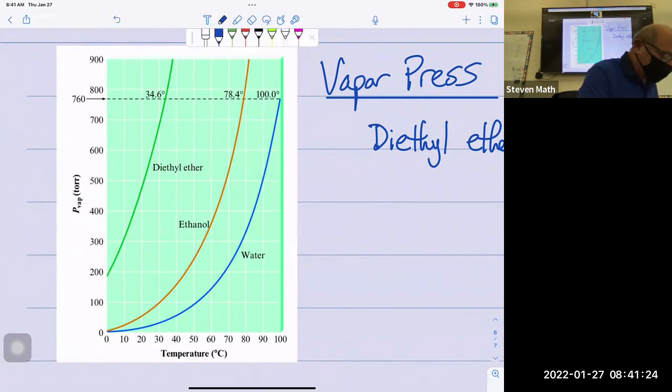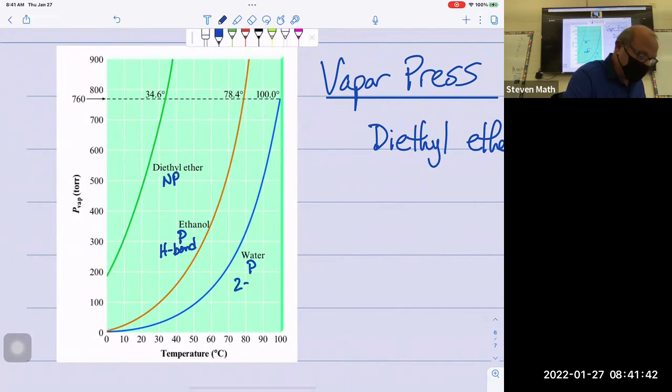What we're looking for is diethyl ether is going to be relatively nonpolar. Ethanol is not only polar, but it's got 1 hydrogen bond. And water, we know, is very polar with 2 hydrogen bonds. So that explains why water is further skewed to the right, because what that means is stronger IMFs.